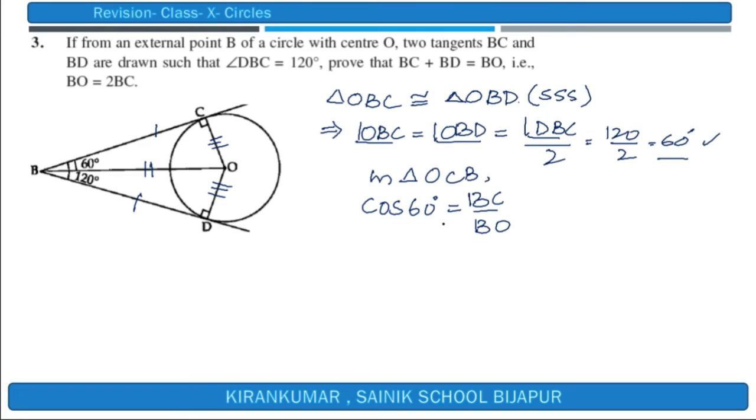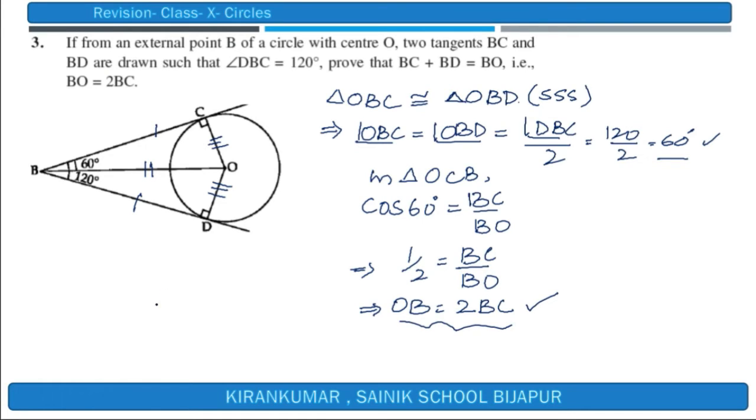In this triangle, cos 60 degrees is 1 by 2, equal to BC divided by BO. Hence we get OB as twice BC. So this is done. And we have proved the congruency.